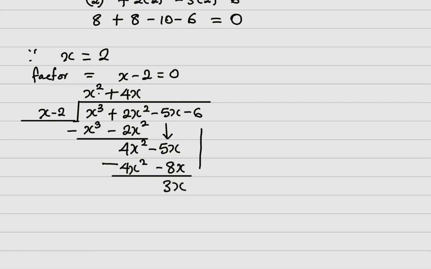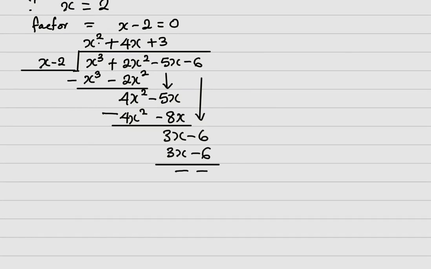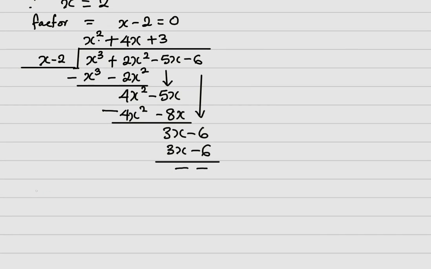Then I bring down my minus 6, so that I have plus 3 in this case, so that we'll have 3x minus 6. If you check it out, there's not going to be any remainder, right? So the factors are x minus 2, then x squared plus 4x plus 3.